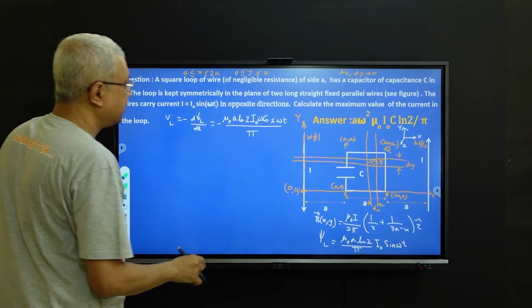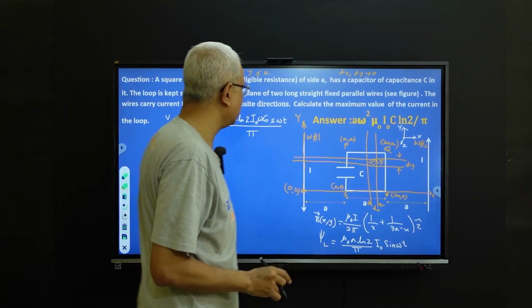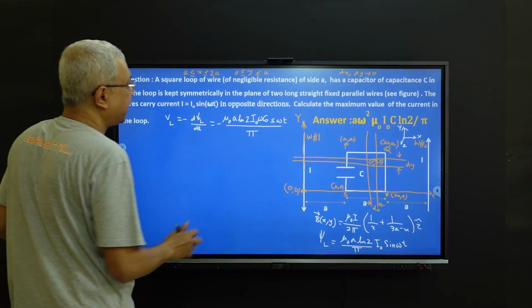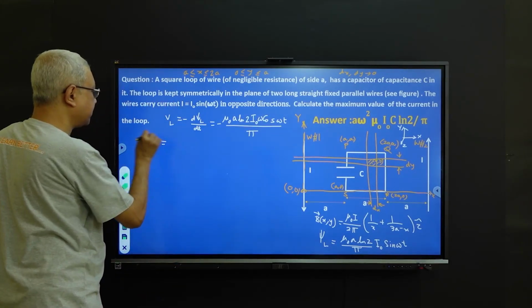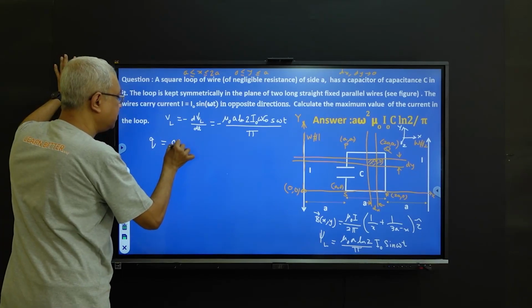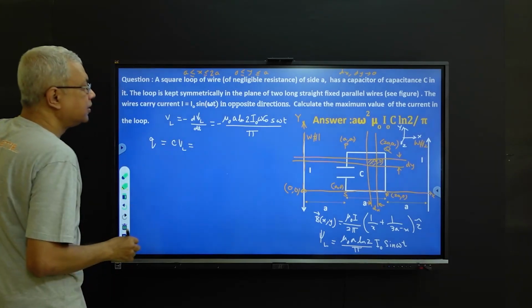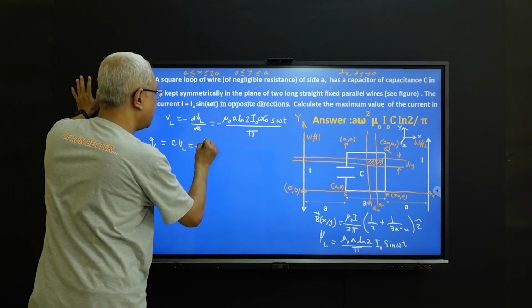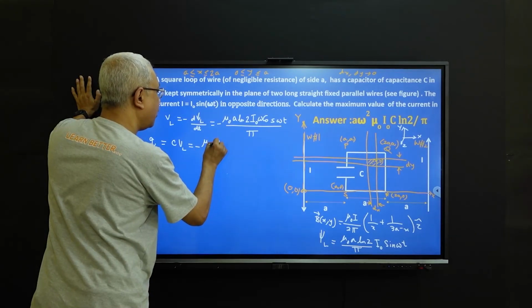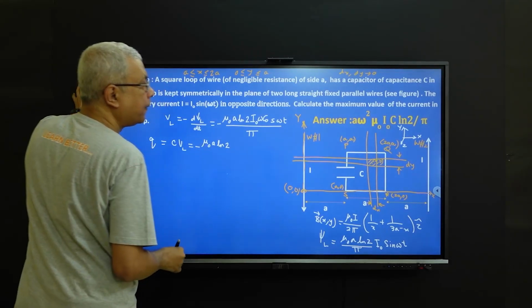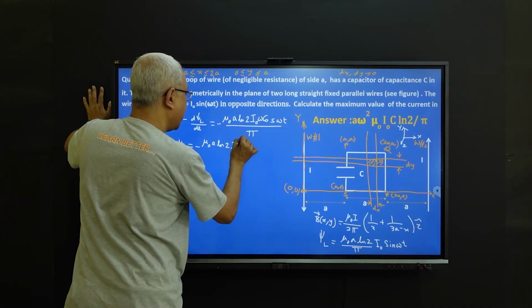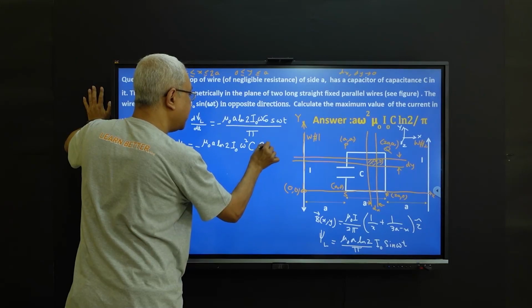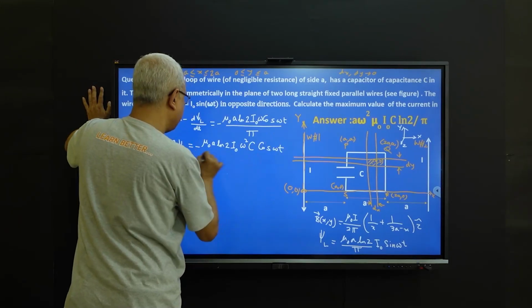This is VL. Once the induced voltage in the loop could be calculated, then what is the charge in the capacitor? Q equal to C VL, which is minus mu naught A ln 2 I naught omega square C cosine omega t by pi.